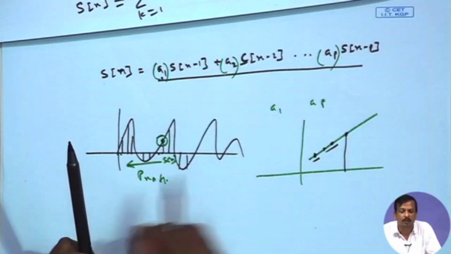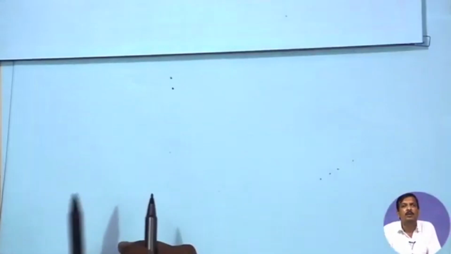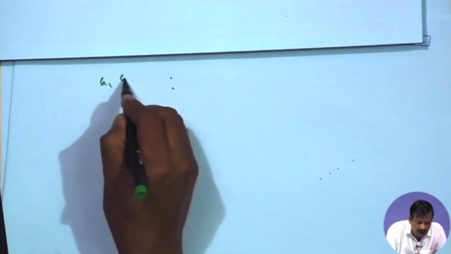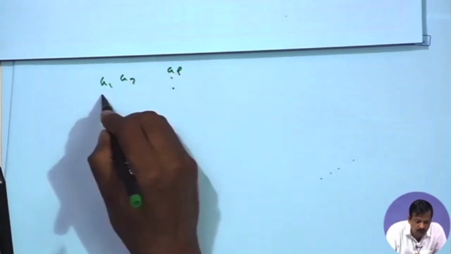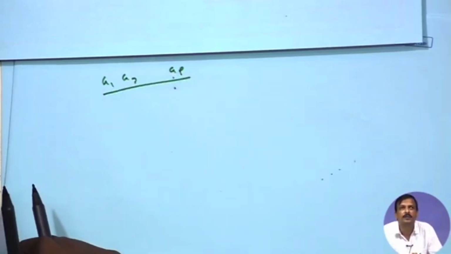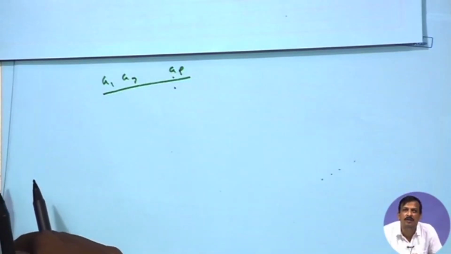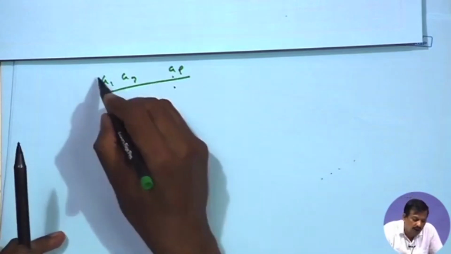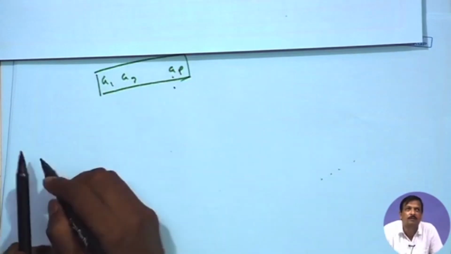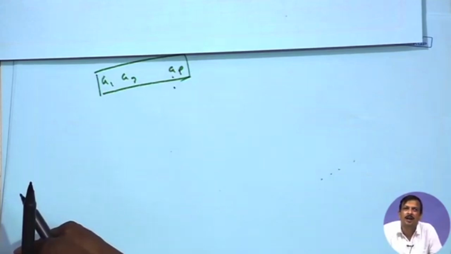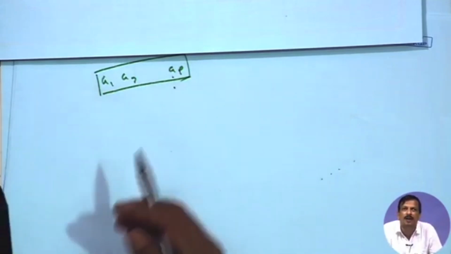Okay. So, a1, a2, ap are called the coefficients, the linear prediction coefficients. They describe the properties of the speech signal and they multiply with the previous samples, which can be implemented easily by a delay.